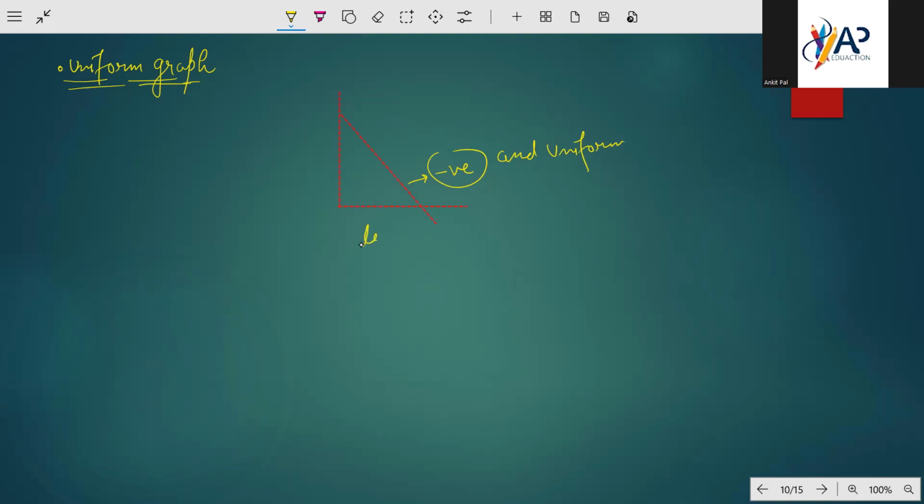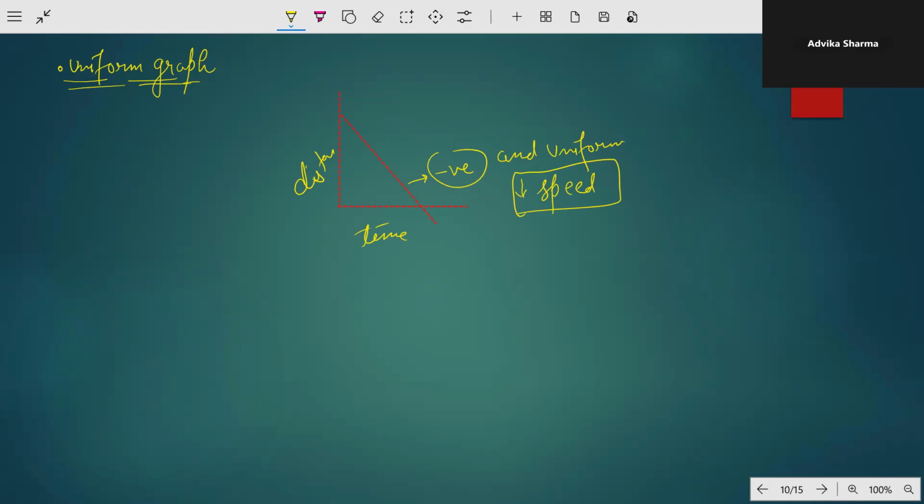And if we put time on the x-axis and distance on the y-axis, it means the graph is continuously decreasing, meaning speed is decreasing at a constant rate, right? Yes. Even we can draw a non-uniform or variable graph. This is constant.